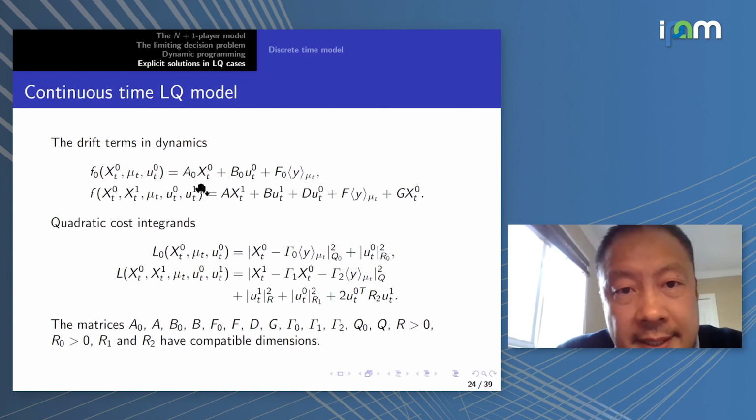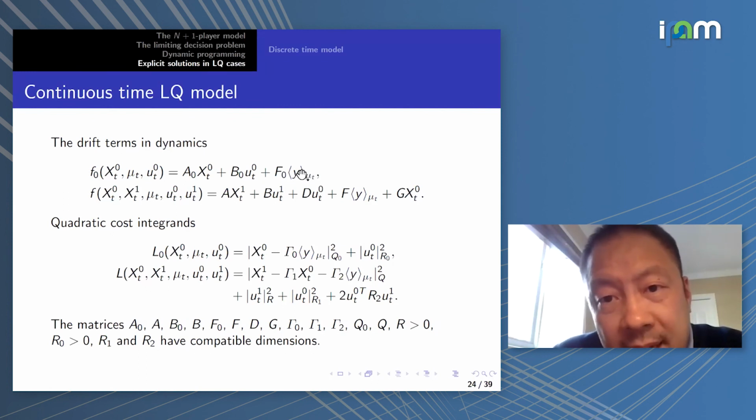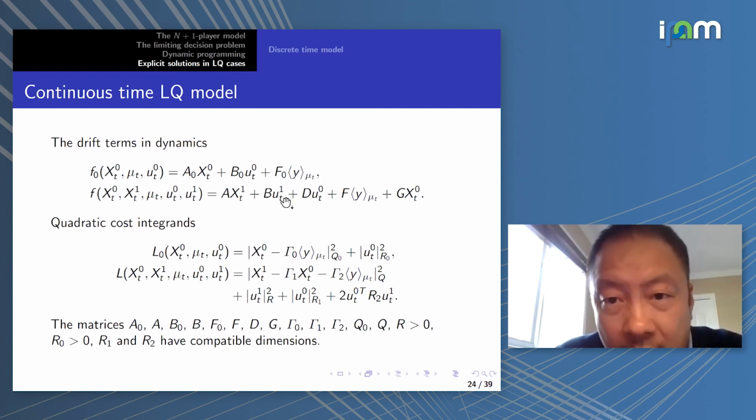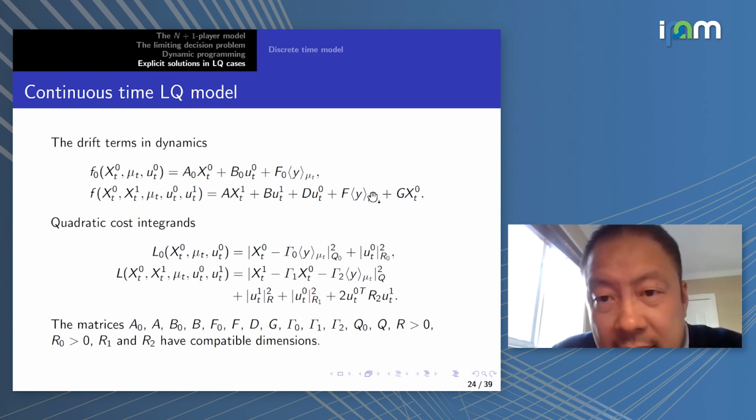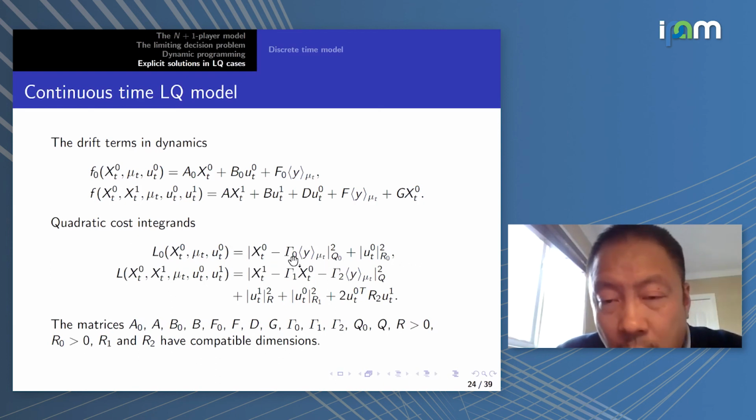In this case, we have the drift for the major player. It's linear, and this is actually the mean for the mean field term. We do average. Similarly, for the minor player, we have the linear dynamics, and also the costs given by this kind of quadratic function.